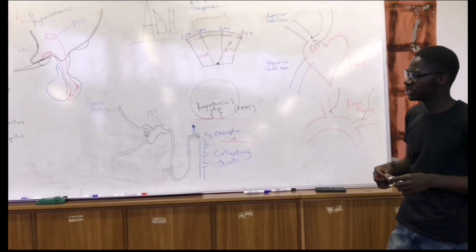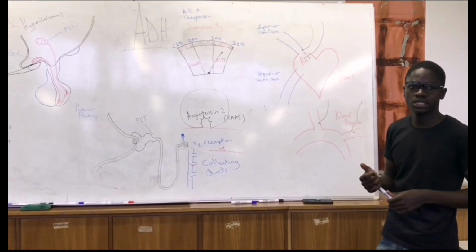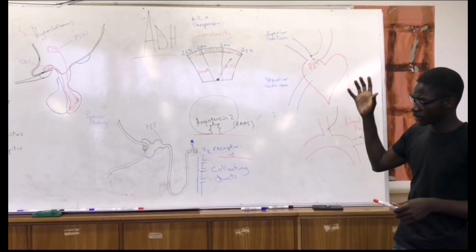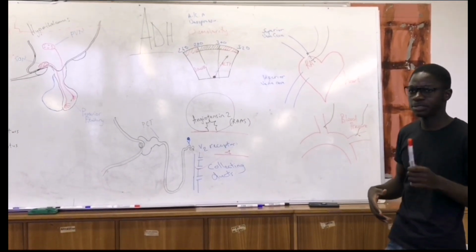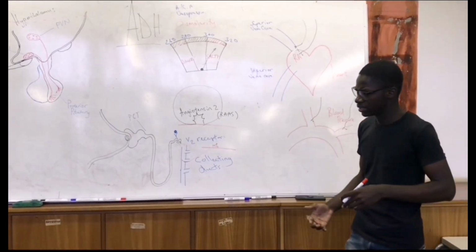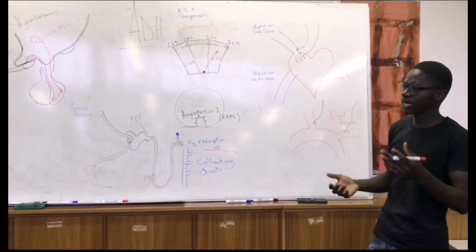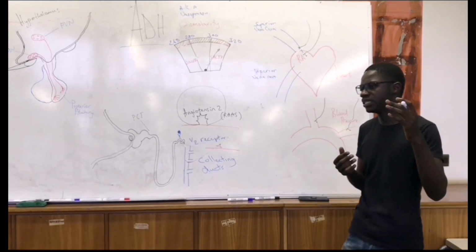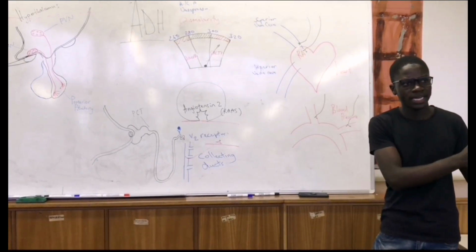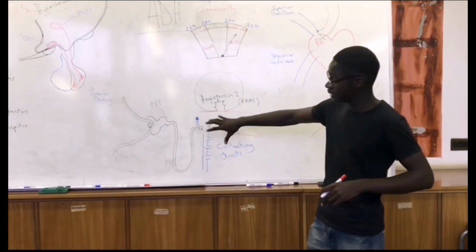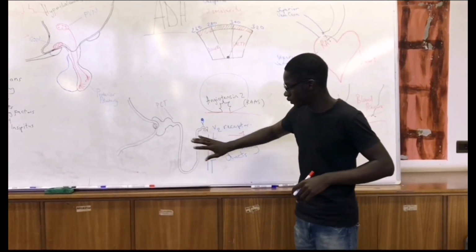Then in the syndrome of inappropriate ADH secretion, there are high levels of ADH being secreted, and there is a paradox where, despite high levels of ADH, there are high levels of sodium accumulating in the kidneys.